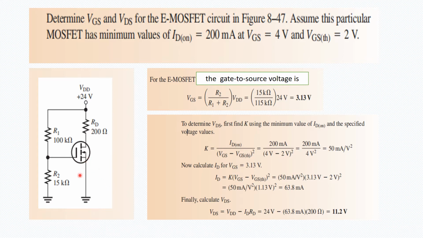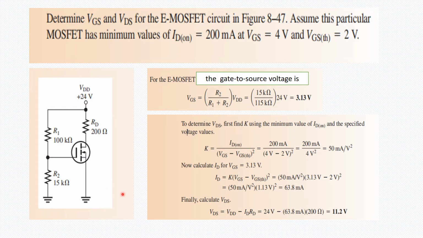Lastly you calculate the drain to source voltage, between the drain terminal and the source terminal. With reference to ground, applying KVL in the output loop, VDS equals VDD minus ID RD, where VDD is 24 volts, the value displayed in the circuit.